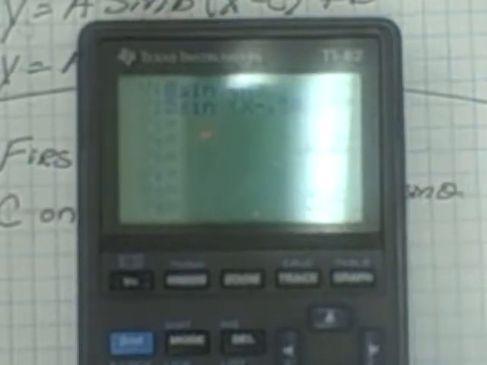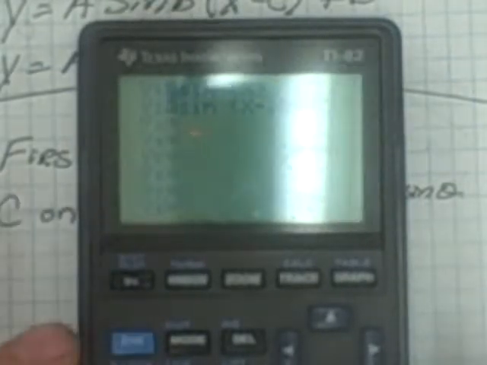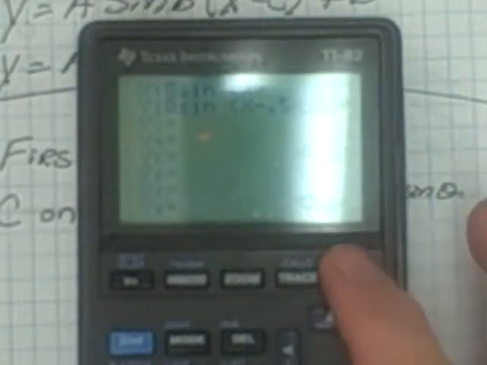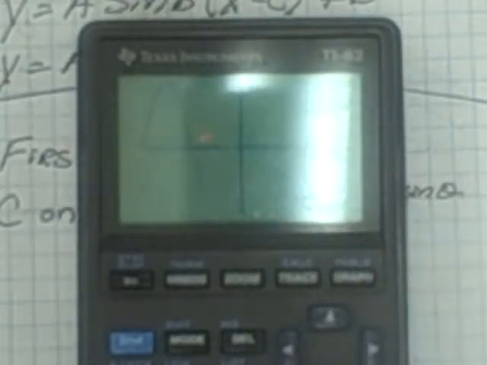So I'm just going to put in 0.5 and pi. Close the bracket. So that's y minus 90 degrees. So let's graph that. So there's our sine graph. And here is subtracting 90 degrees from it.